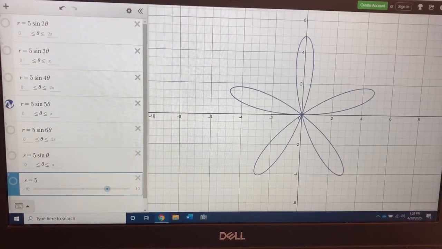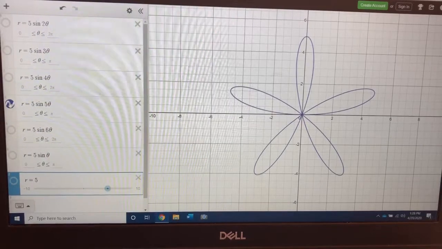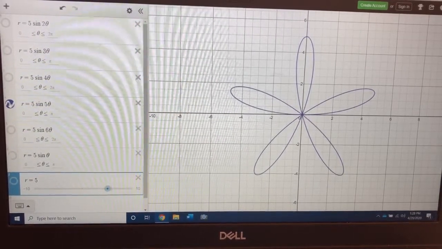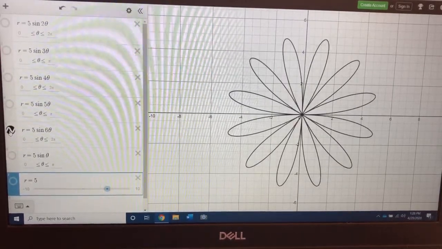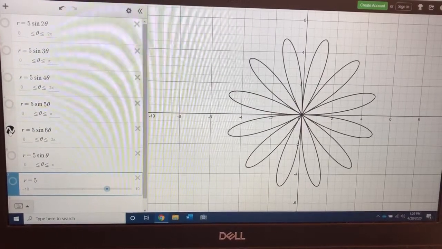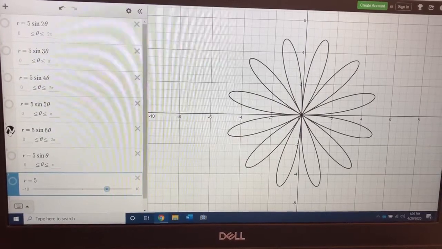This one, r equals 5 sine 5 theta, is a rose curve with 5 petals. R equals 5 sine 6 theta is a rose curve with 12 petals.